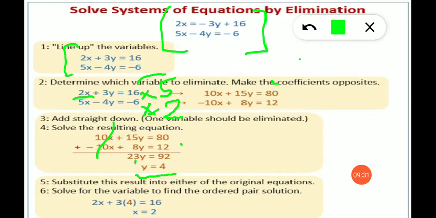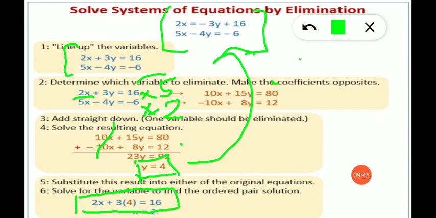Then we will substitute the value of y in any one of the equations. Here the value is substituted in the first equation, and we got 2x plus 3 multiplied by 4 is equal to 16, and hence x is equal to 2 as the solution of this system of linear equations.